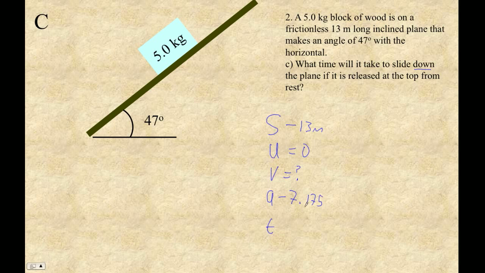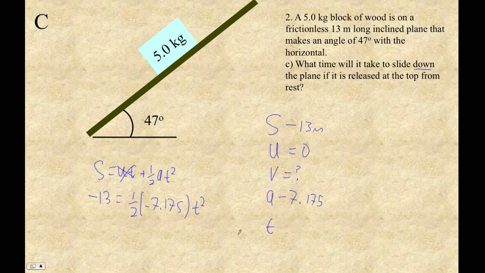I'm carrying a couple extra sig figs here. We want to find the time. The one to use is s equals ut plus 1/2 at squared. So negative 13 equals, the initial velocity is 0 so that goes away, 1/2 times negative 7.175 t squared.